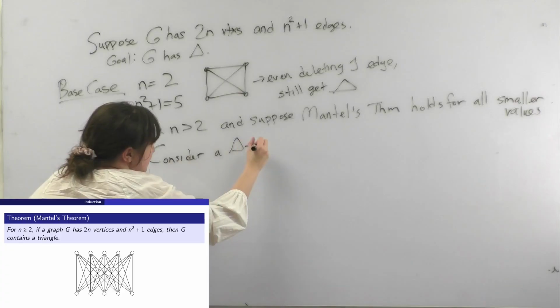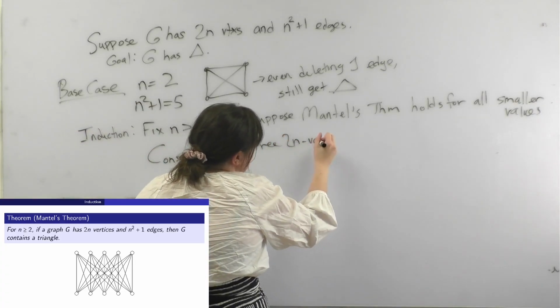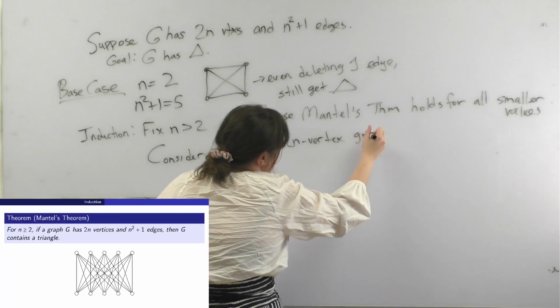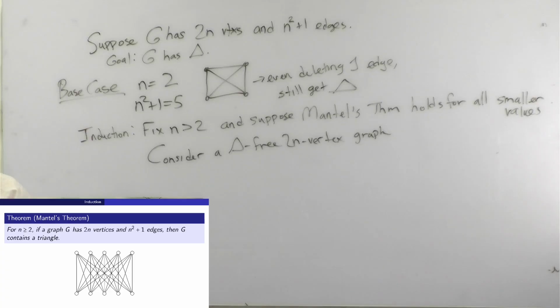Consider a triangle-free graph on 2n vertices. If it has no edges in it, it definitely has fewer than n squared plus 1 edges.